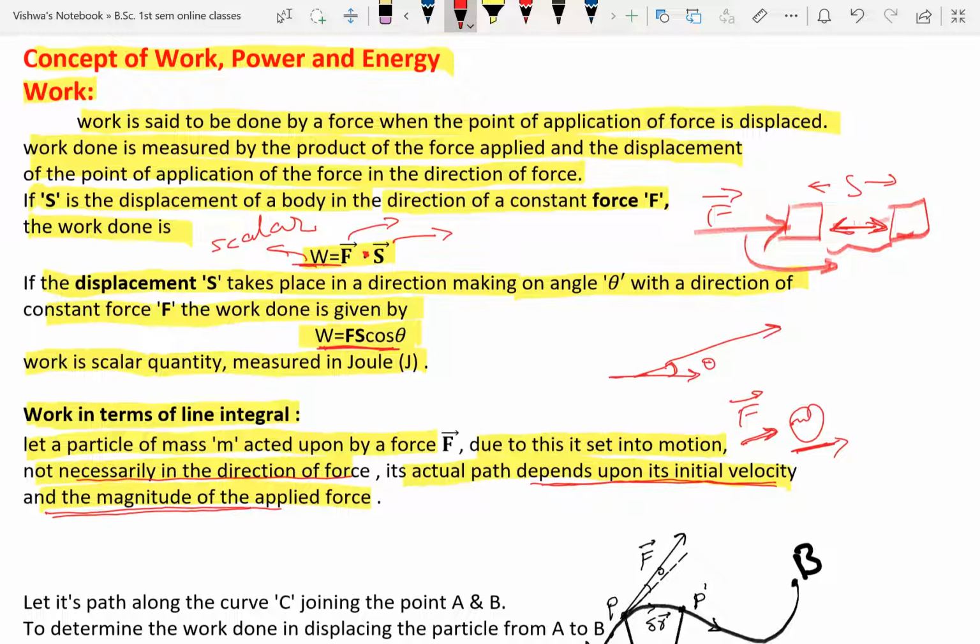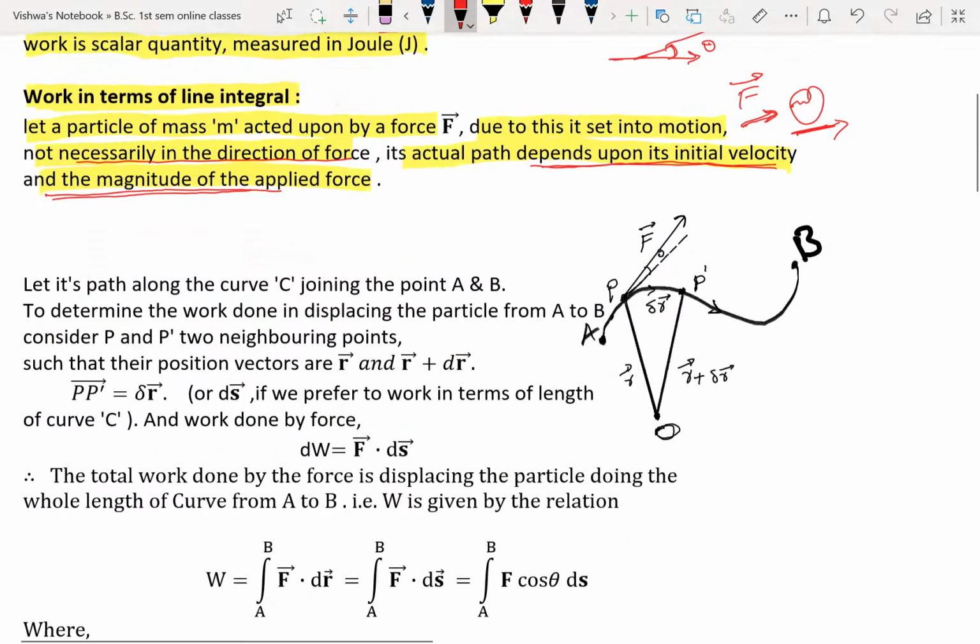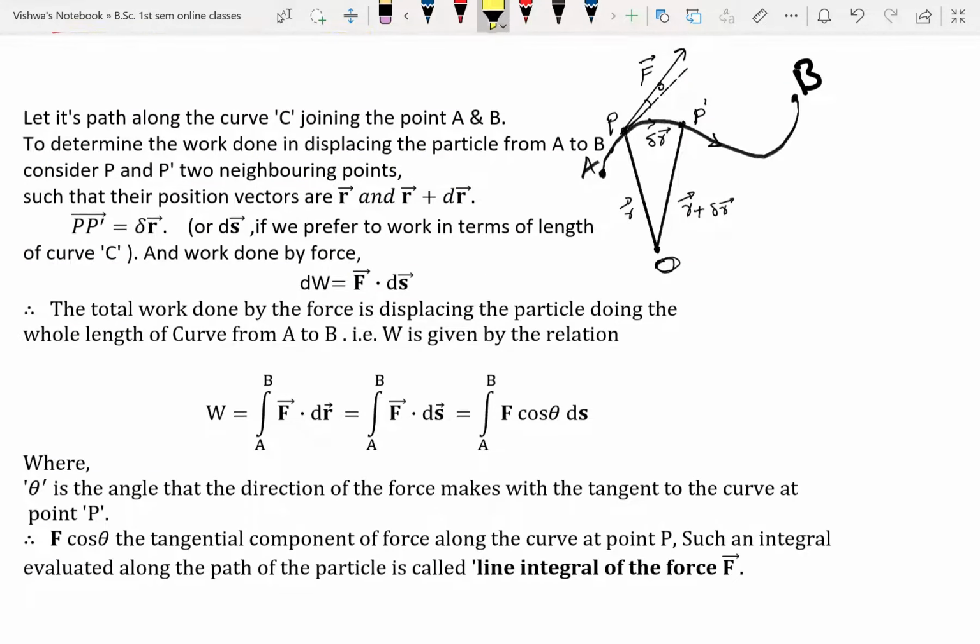Let's derive a simple expression. Let its path be along curve C joining the points A and B. So here there is an object in motion, and the path of this motion is curved, from A to B. This is the path of the object.